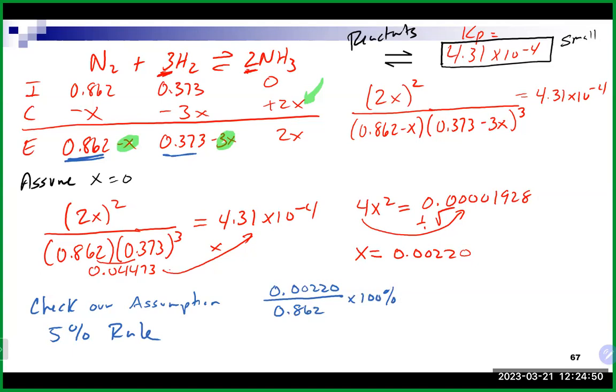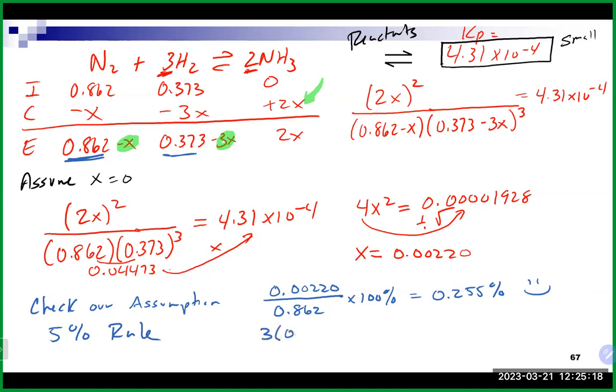And if we do that, 0.00220 divided by 0.862 times 100 is about 0.255%. That is less than 5%, which means that is good. In my experience, if you check one and it's good, you're probably good on both, but you could check them both if you want to. You don't need to. But for example, if we did the other one, we could even multiply it by 3.